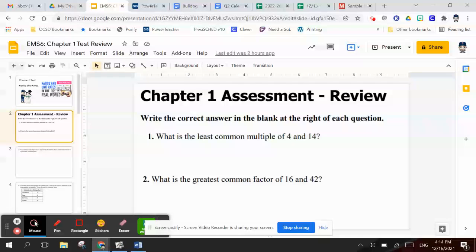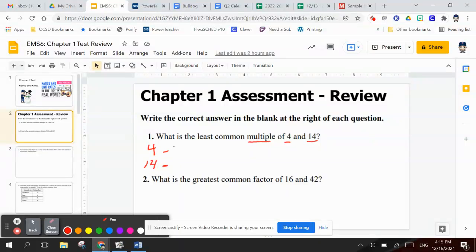We want to find the least common multiple of 4 and 14. So to find the multiple, I'm going to count by 4s and 14s. I'm going to write down the first 10 multiples of 4.